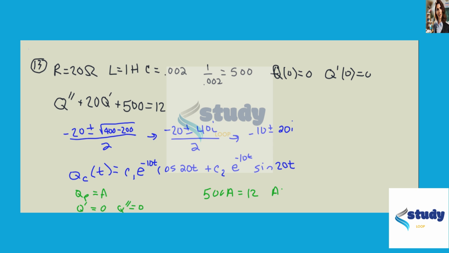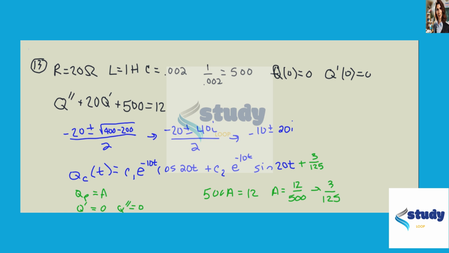Therefore, A equals 12 over 500, which in reduced form is 3 over 125. That's my A. So I would add 3 over 125 to my equation.